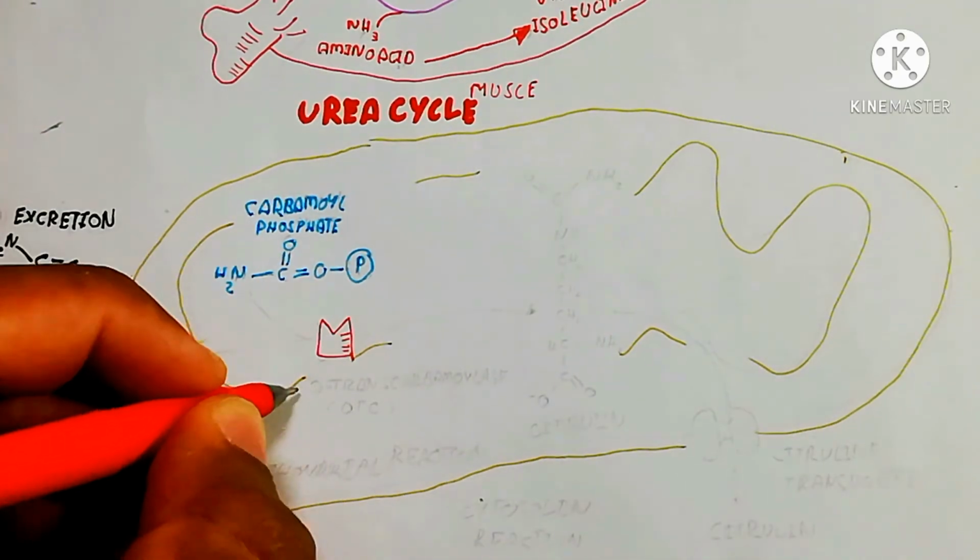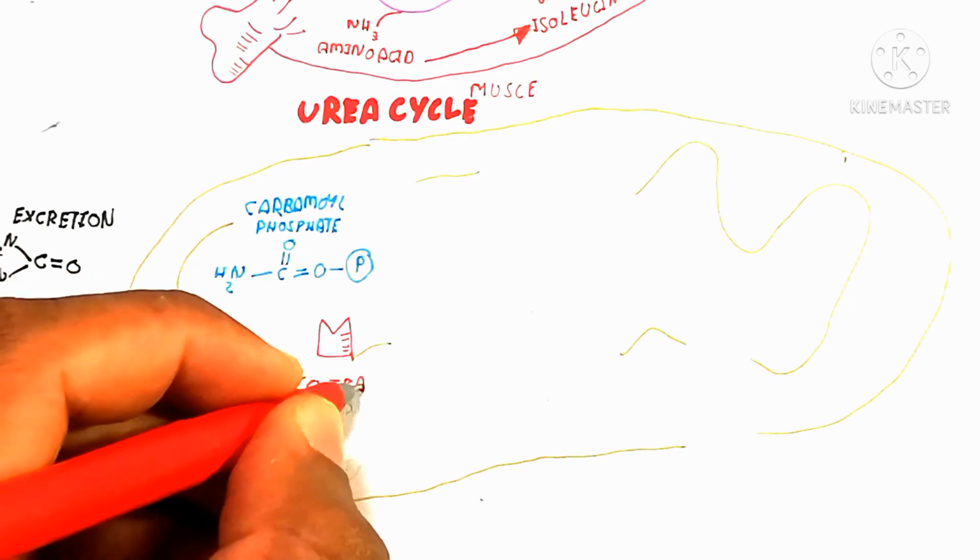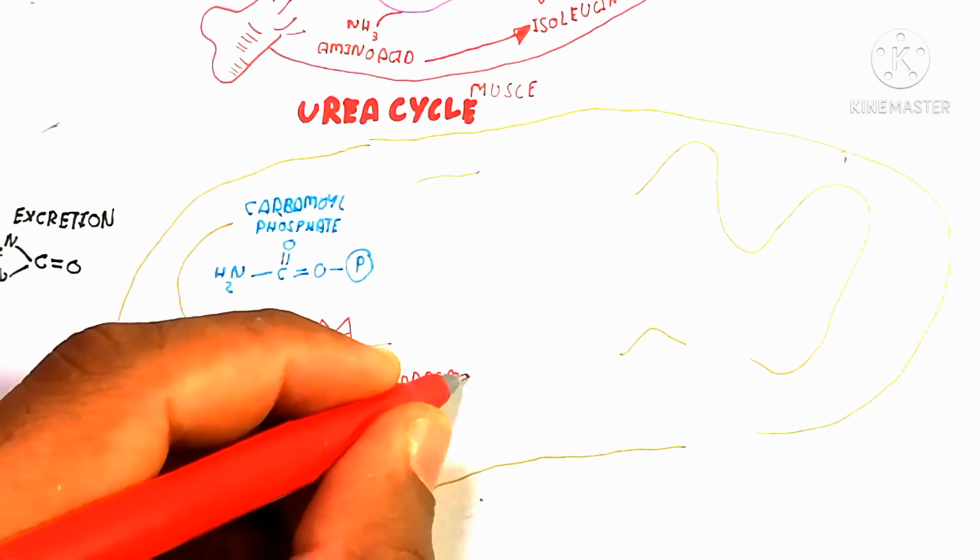So here is the mitochondria, which contains carbamoyl phosphate.